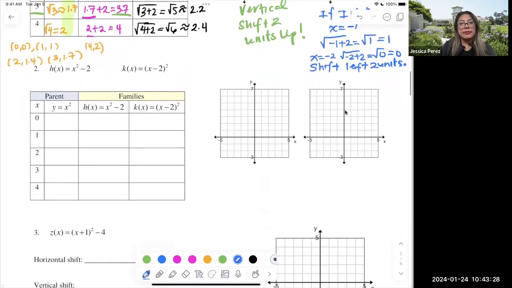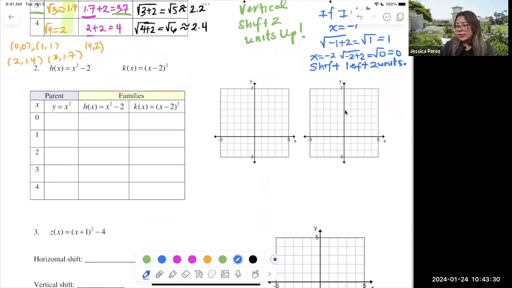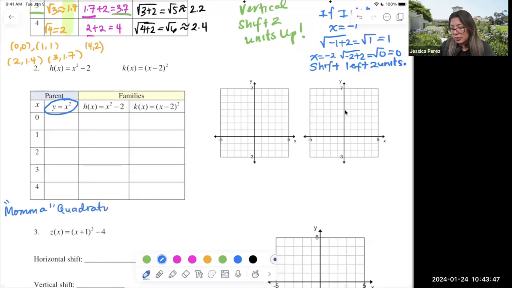Okay, so then we have the next one. And this time our function that we're working with is a U, right? Because the basic function is a quadratic that looks like a U shape.